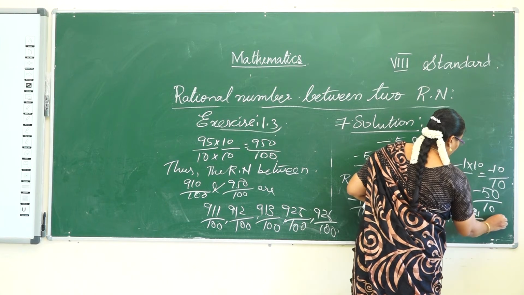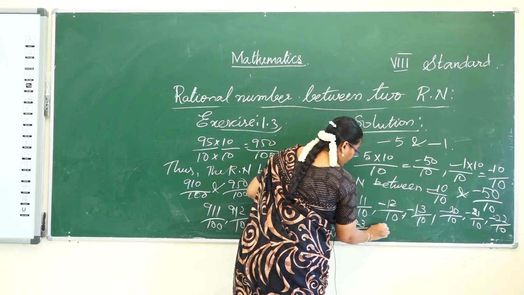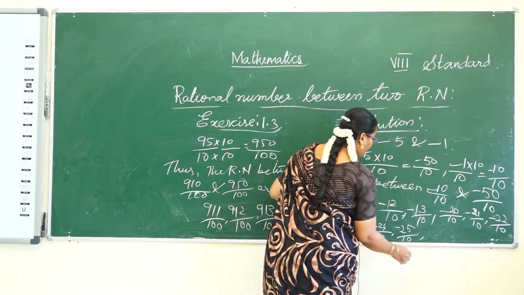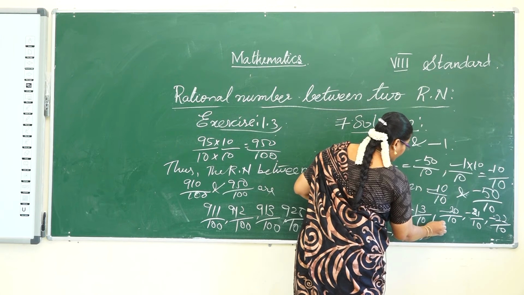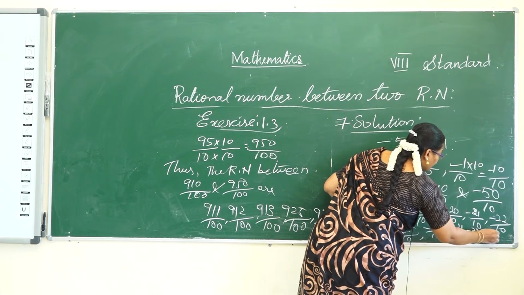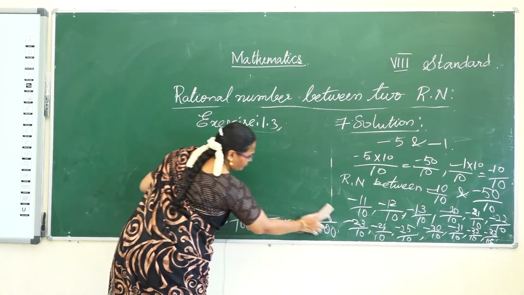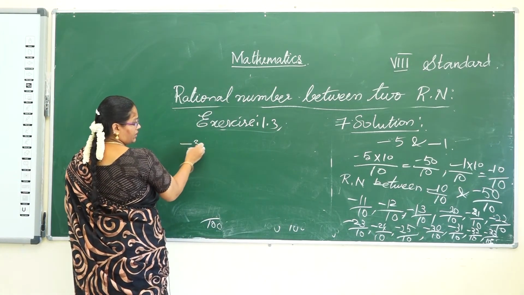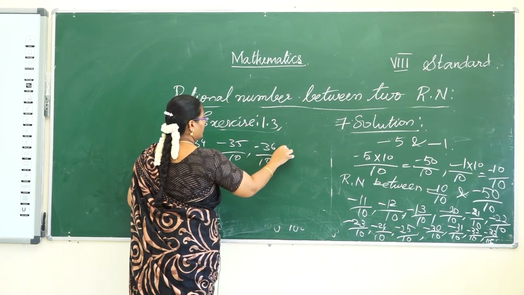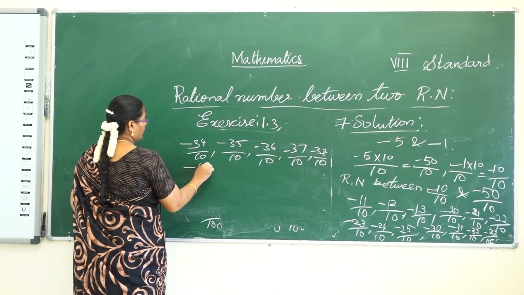-21 by 10, -22 by 10, -23 by 10, -24 by 10, -25 by 10, -30 by 10, -31 by 10, -32 by 10, -33 by 10, -34 by 10, -35 by 10, -36 by 10, -37 by 10, -38 by 10, -40 by 10.